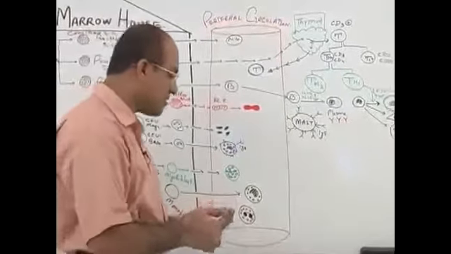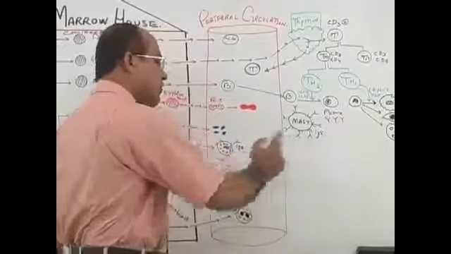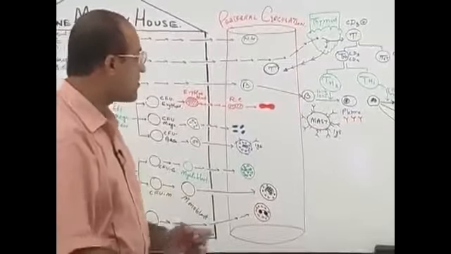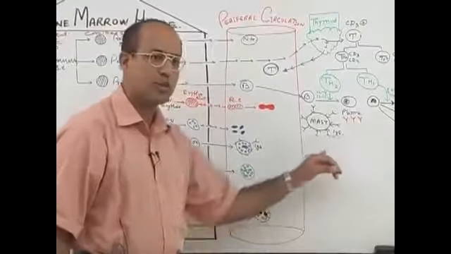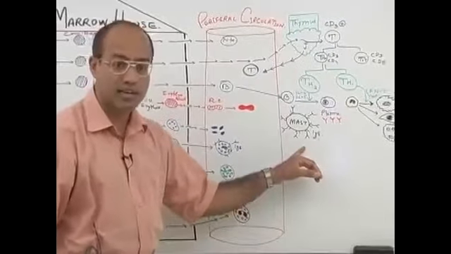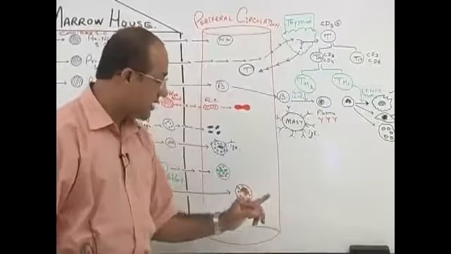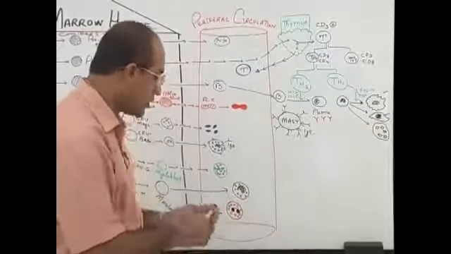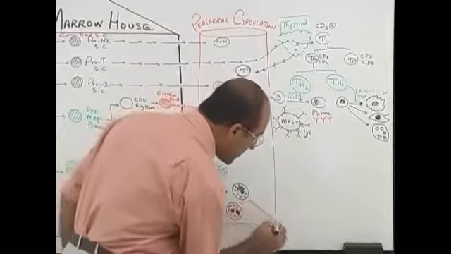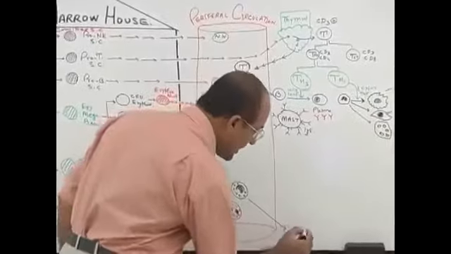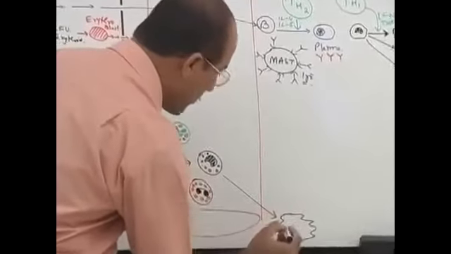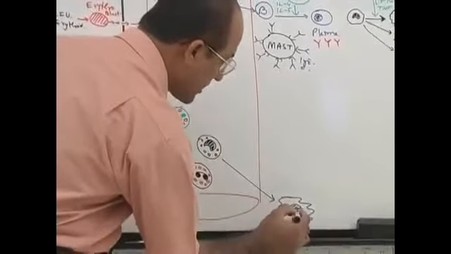Under what circumstances monocytes shift to the tissues? Number one, some of the monocytes shift to the tissue under normal physiological conditions, and there are other monocytes which shift to the tissue only when there is inflammation, right? And then these monocytes are called inflammatory macrophages.